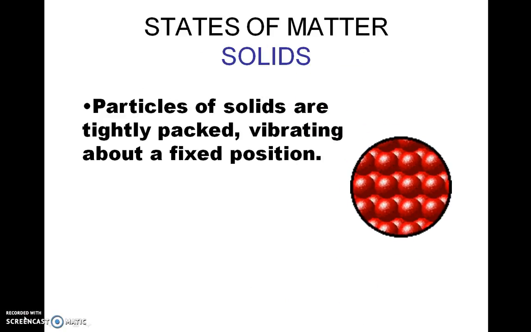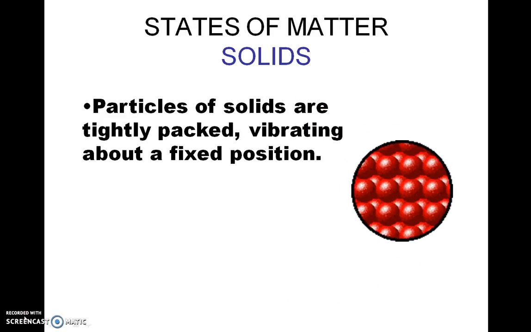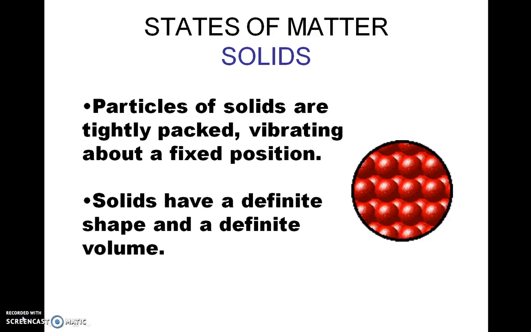Let's go on to the first state of matter, solids. Solids have particles that are tightly packed, vibrating, and in fixed position. Solids have definite shape and definite volume, which states that any solid without any external force acting upon it will stay the same and will not change because it has a definite shape.